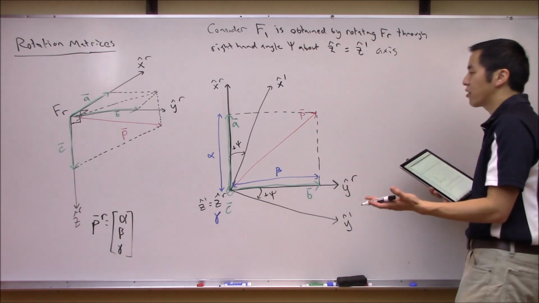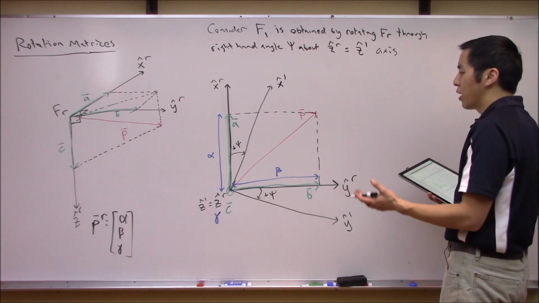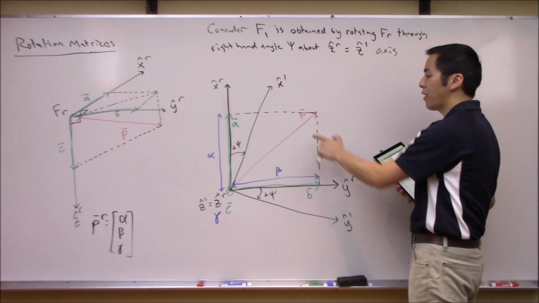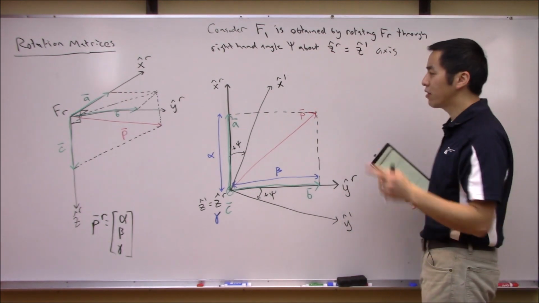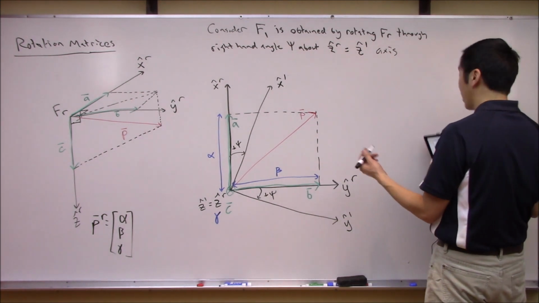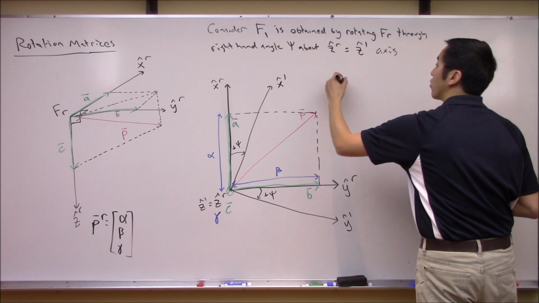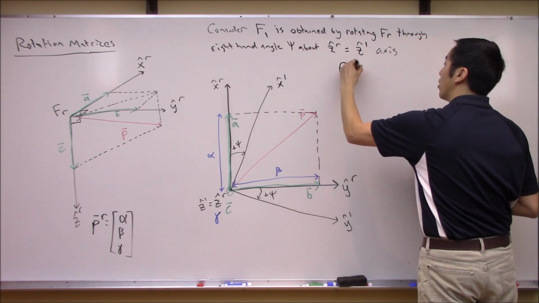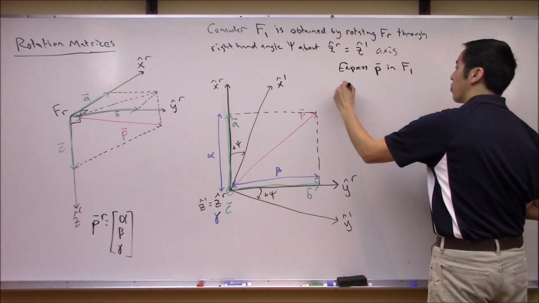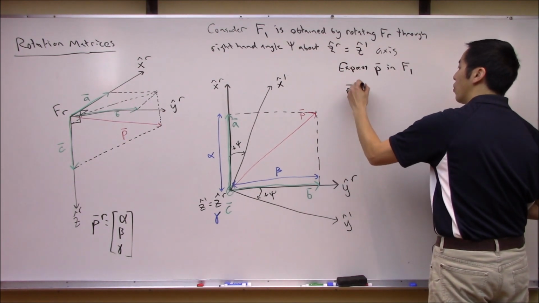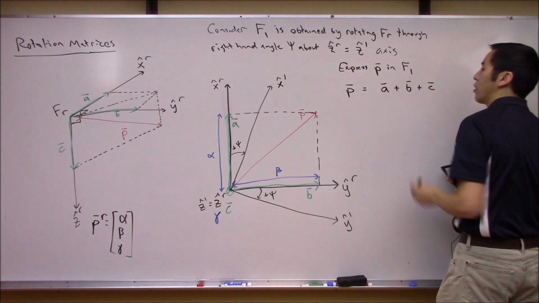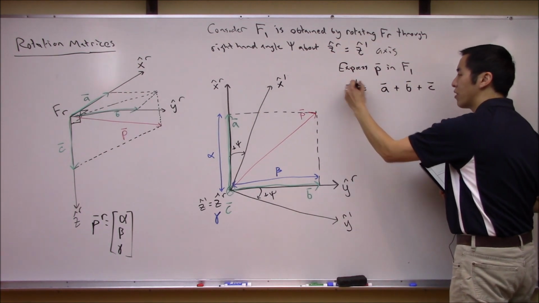And we can ask ourselves the exact same question now. This vector P hasn't changed, it's the exact same vector, but now I want to express it in frame 1 instead of frame R. So I want to express P in F1. Earlier we said P was A plus B plus C, but now I want to express this in frame 1.